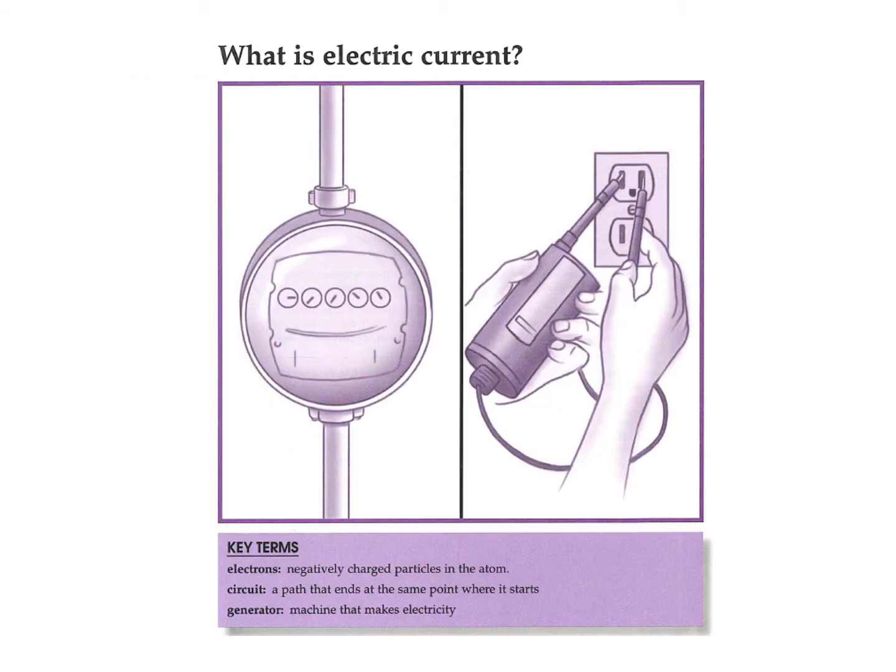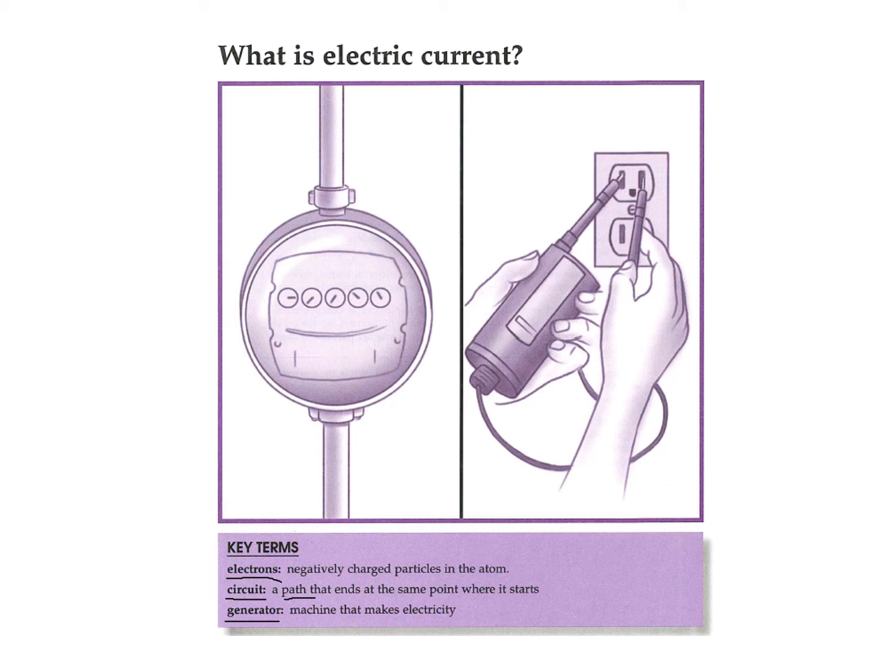Okay, so we're just going to go over the booklet that I posted for you, and we're going to take it up. So the word here, electrons, we already know that. Circuit, again, it's a path. And generator, it's something that creates electricity. Most of the generators around Hamilton or in Niagara Falls are how they create electricity for the whole city or many big cities.